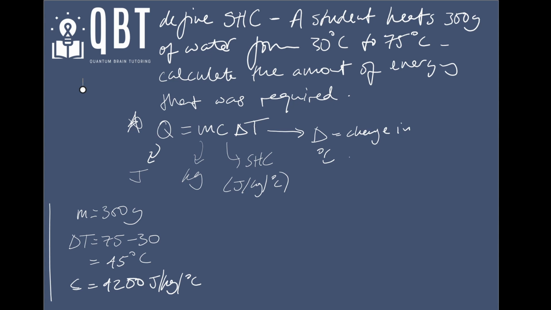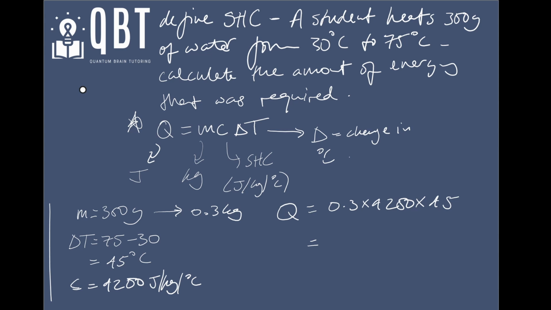The first thing that we need to do before we start substituting our values in is to convert from grams to kilograms. We divide by 1,000, we get 0.3 kilograms of water. And then it becomes as simple as just substituting our values. Q is equal to 0.3 times 4200 times 45.